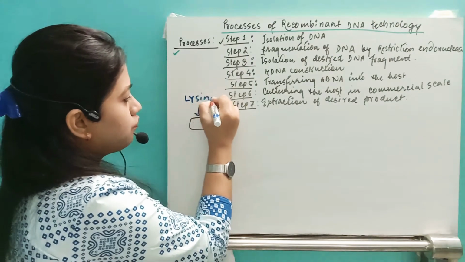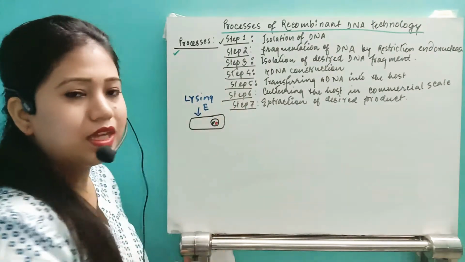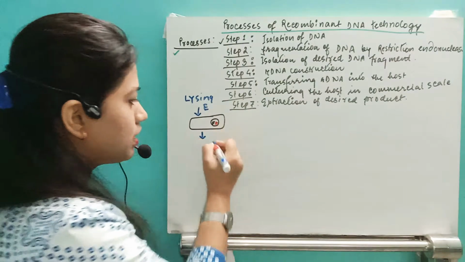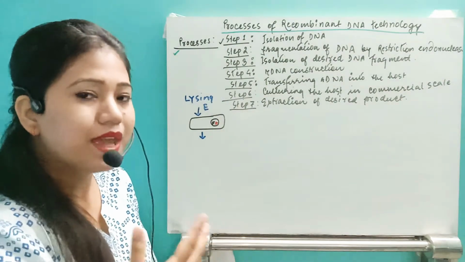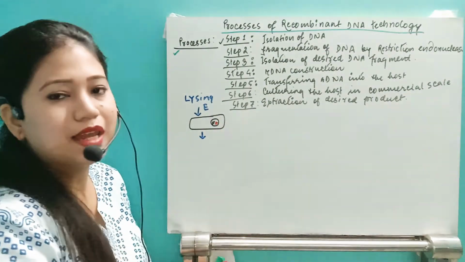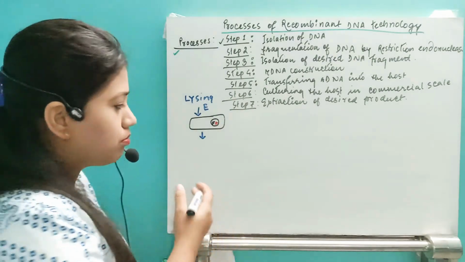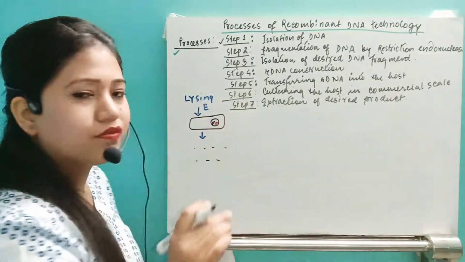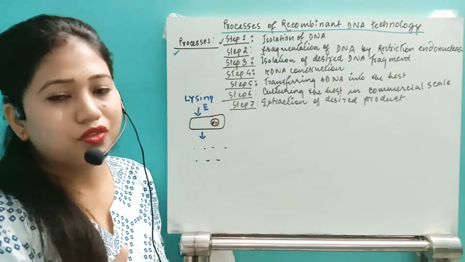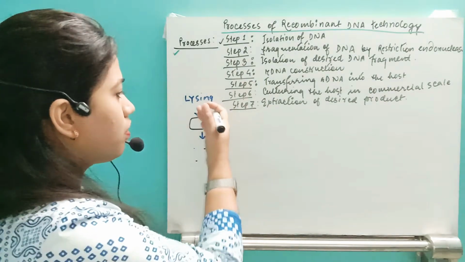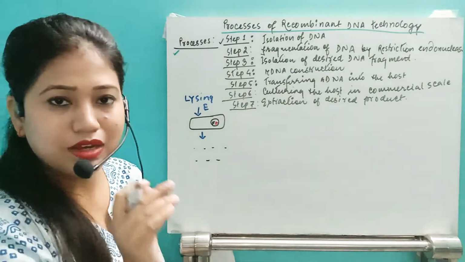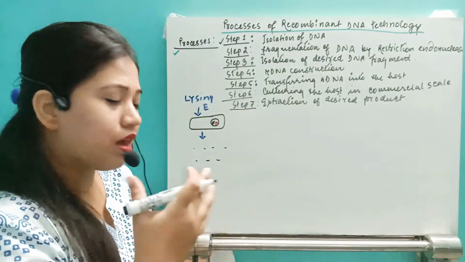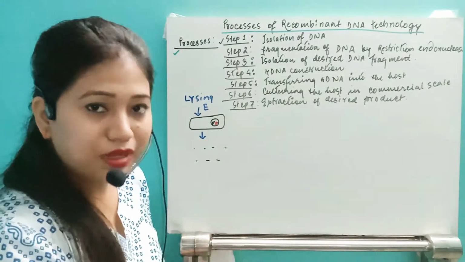Whenever we use this lysing enzyme, the DNA fragments will be exposed by breaking the nuclear membrane and the cell membrane, because both of them are made up of the same phospholipid bilayer. So whenever we use this lysing enzyme, the DNA fragments will be exposed in that mixture.